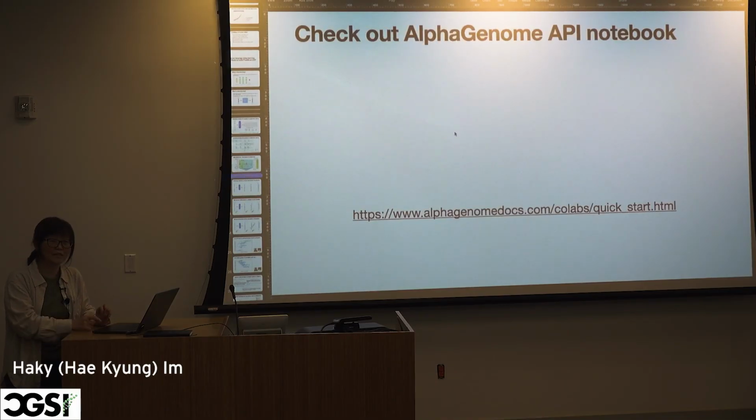They have an API, a notebook. It's a Colab notebook. I would suggest if you're interested, Google it: AlphaGenome Docs Colab. And it is pretty nice. You can just make up a sequence and it will give you the predicted epigenetic features for that.